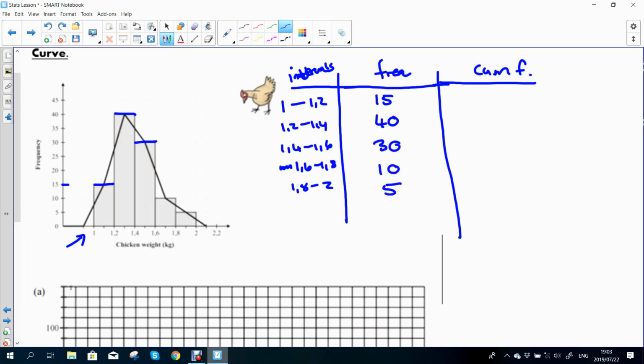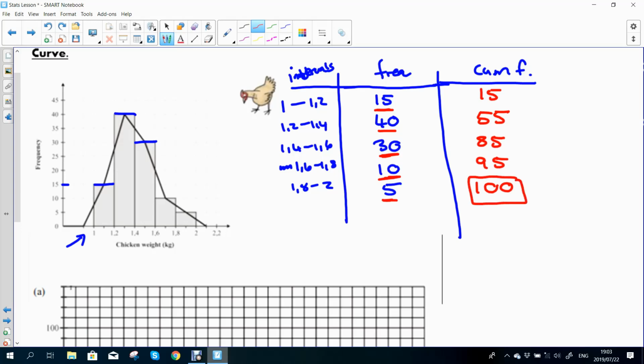Now we want the cumulative frequency, so now we're going to start adding these values. Adding 15, that's 15. 15 plus 40, that gives me 55. 55 plus 30, that gives me 85. 85 plus 10, that gives me 95. 95 plus 5, finally that gives me 100.